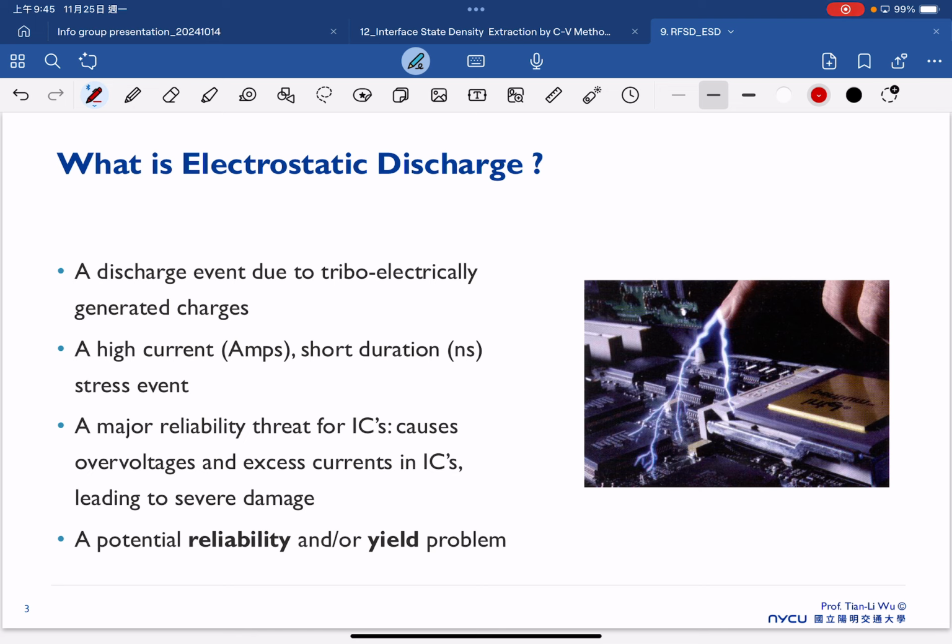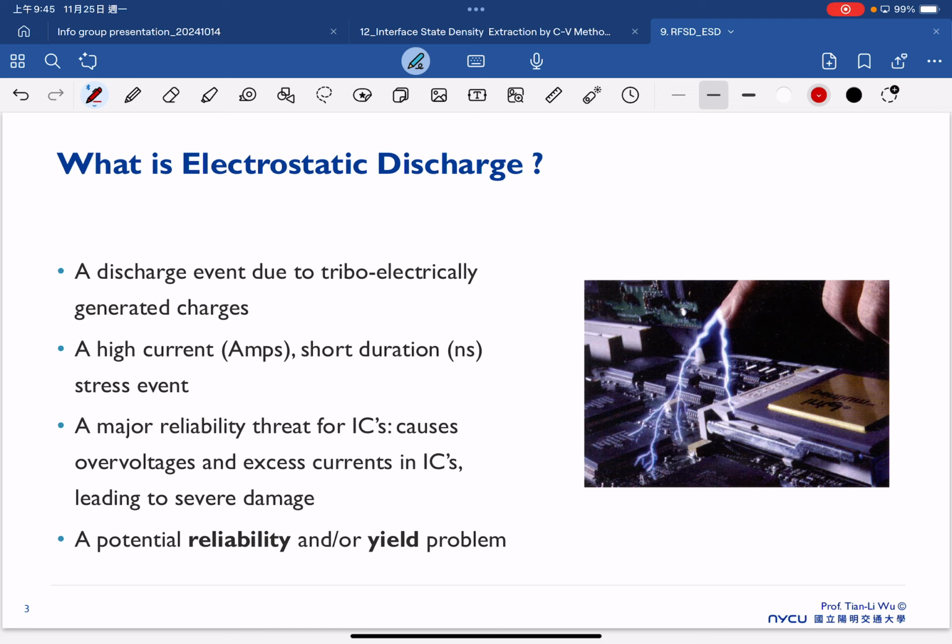In Taiwan, the air is pretty humid, so you won't observe this very often, but once we get close to the winter time, you will start to feel that once you touch certain metal, even your computer, you will be discharged.